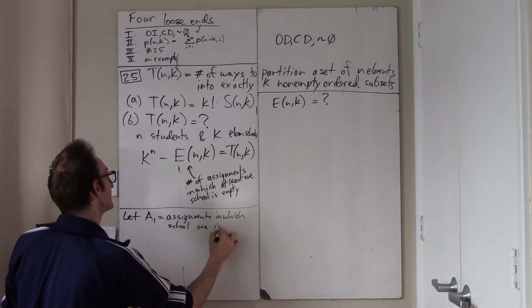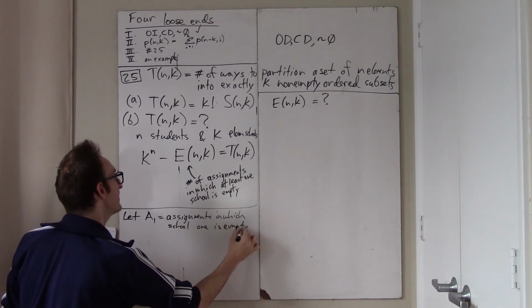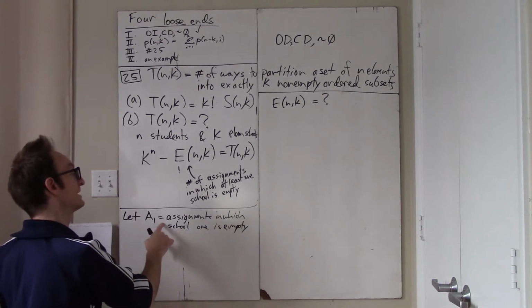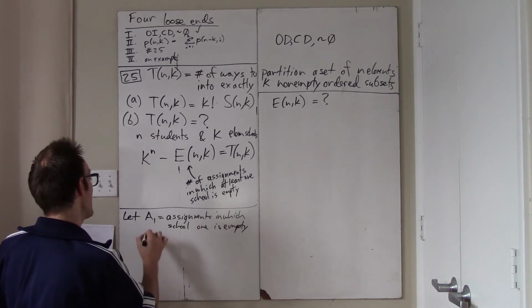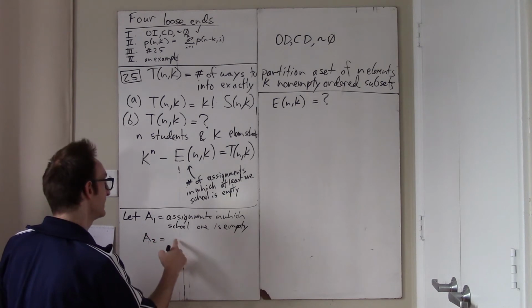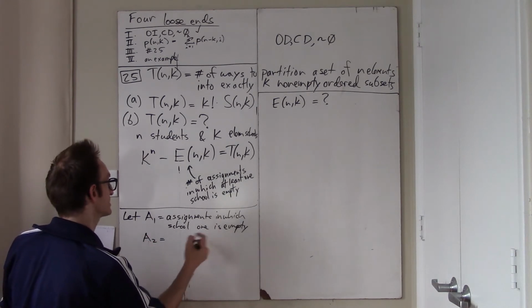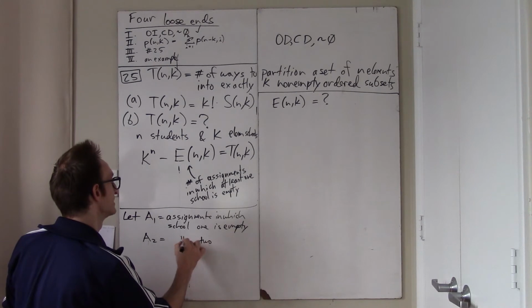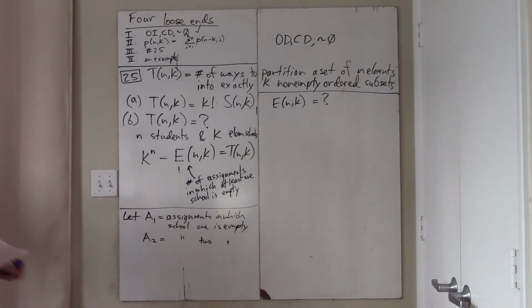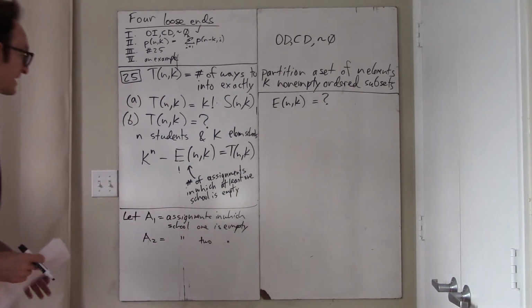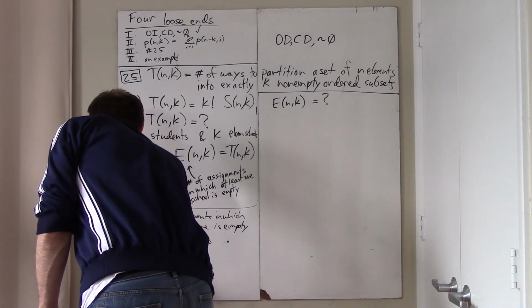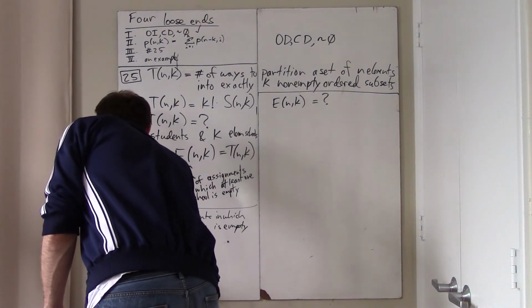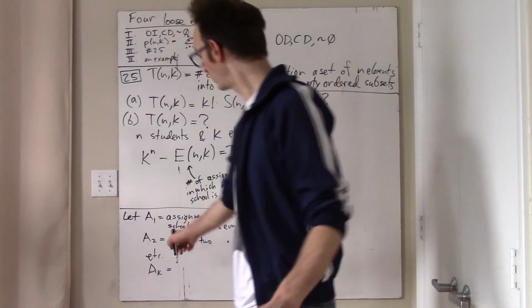So of all the possible ways of assigning students to schools, let this be the set of all the assignments in which no student is assigned to that school. And then let A2 be all the assignments in which school 2 is empty, etc., all the way down to A_k, because there are k schools, the one in which school k is empty.